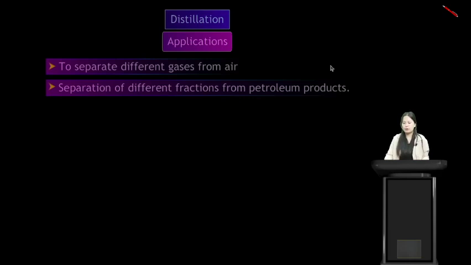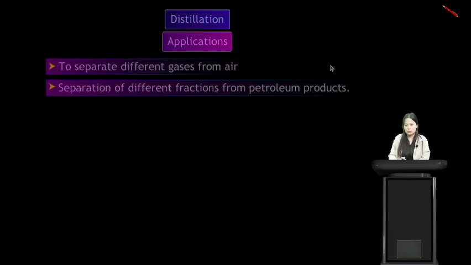But for some mixtures we cannot use the simple physical methods, and there are special techniques which we need to separate the components of a mixture. We have discussed evaporation, which we can use to separate volatile components from non-volatile components.